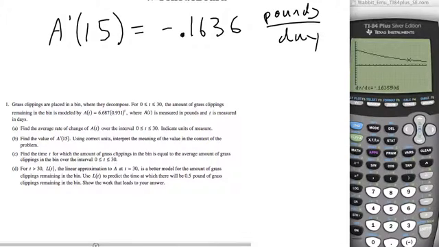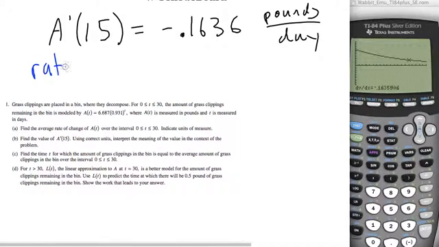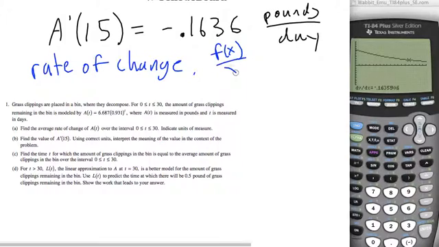Using correct units, interpret the meaning of the value. Okay. Anytime you're explaining the meaning of a derivative, there's some key words you always want to use. It's the rate of change. You always want to use that phrase. You want to have your units. So your units are always kind of your f of x units over your x units, or in this case, our a of t over t units.